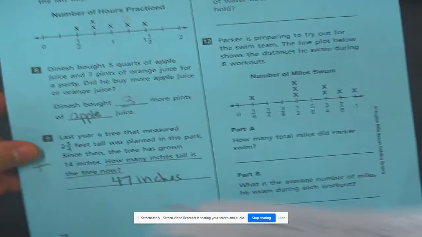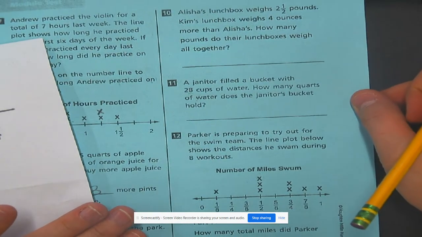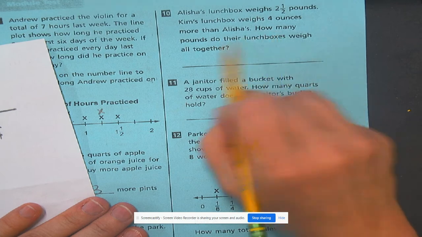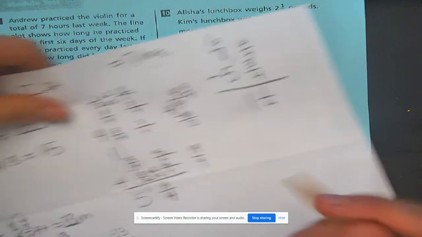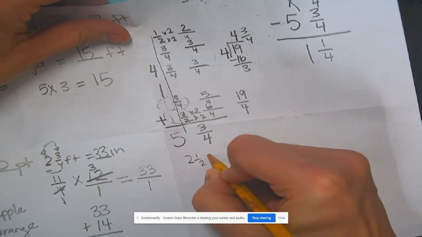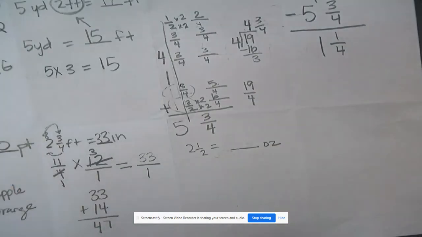Okay, Alicia's lunchbox weighs 2.5 pounds. Cameron's lunchbox weighs 4 ounces more than Alicia's. How many pounds do their lunchboxes weigh altogether? So this is where we're going to change it. Do the add or subtract, change it back, right? Okay, so what are we going to change first? 2.5 pounds equals how many ounces?